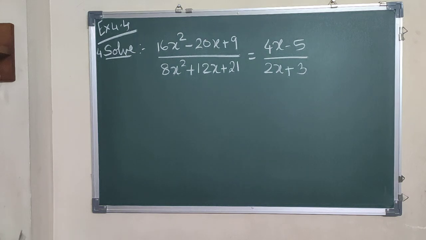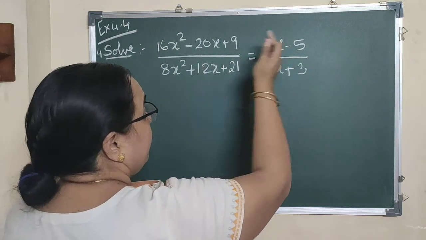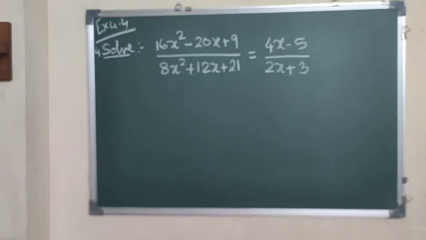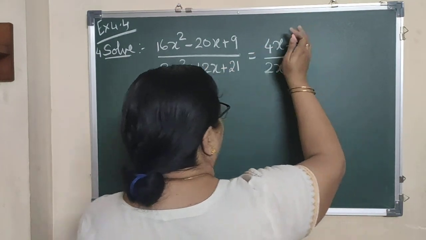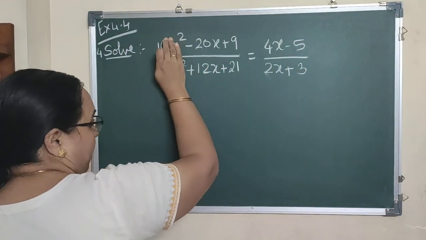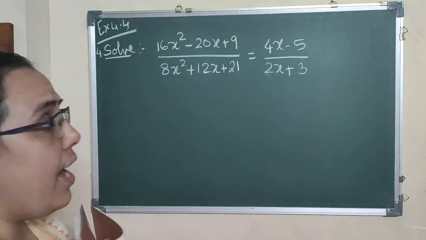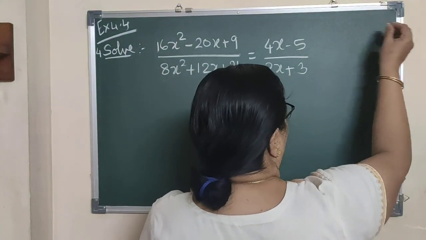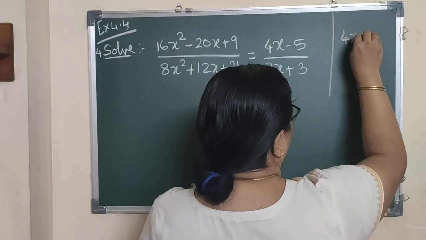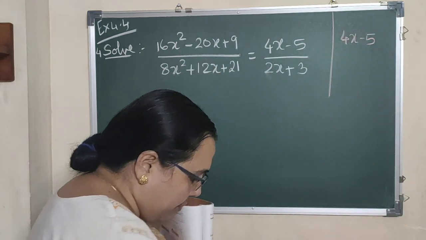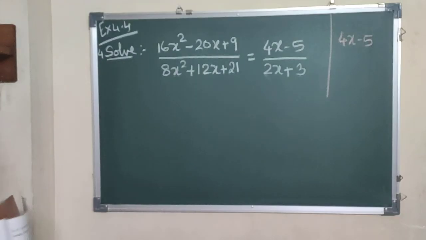To get the value of x here, you need to eliminate a few of the terms. That is a basic thing. So when I look at this right hand side, that is going to be the helper for me. Here I am doing the things in my working column, 4x minus 5. Kindly pay attention to the working part here.